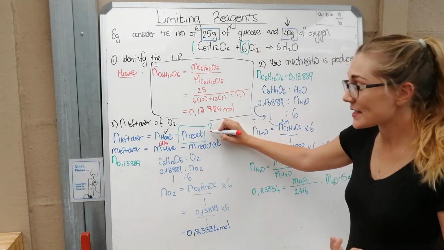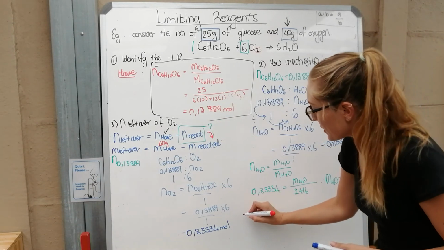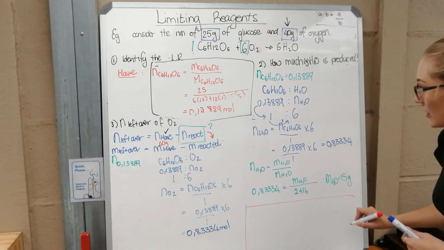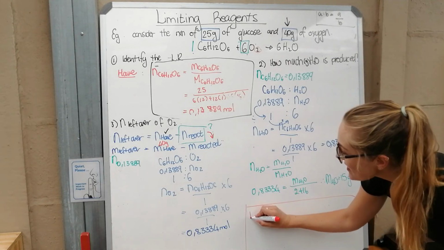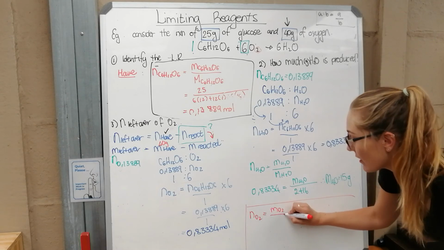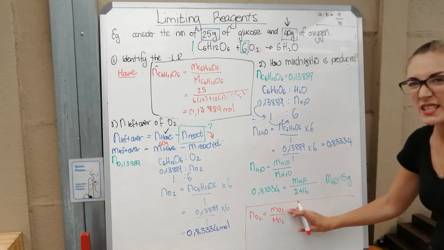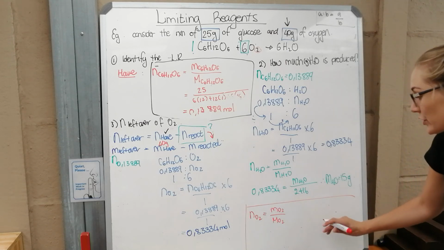So if we've worked out the moles that reacted, it's very easy to go from moles to mass. So I'm going to just move over here. Sorry, trying to save space. So we can say the moles of oxygen that reacted is equal to the mass of oxygen that reacted over its molar mass. So I'm going to move sideways because I don't know how much of the bottom of the board you can see.